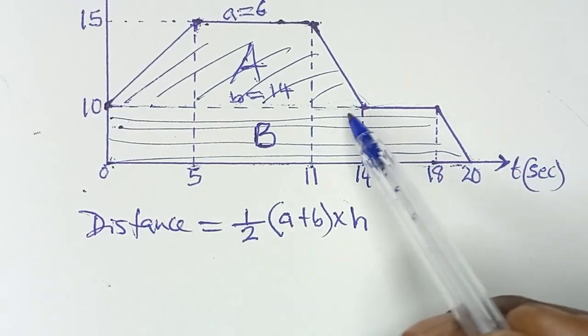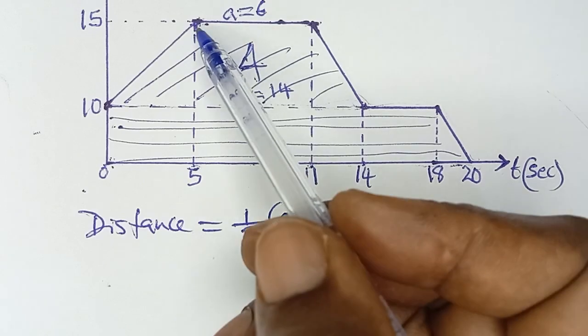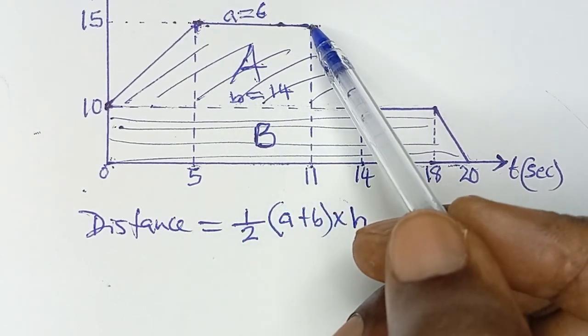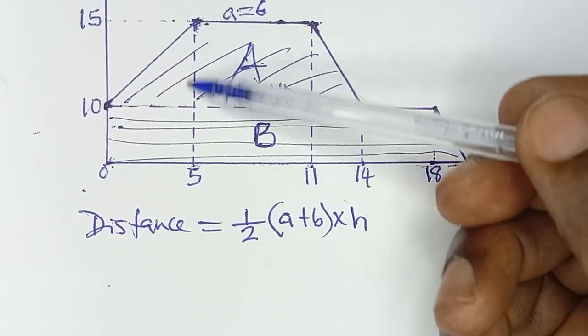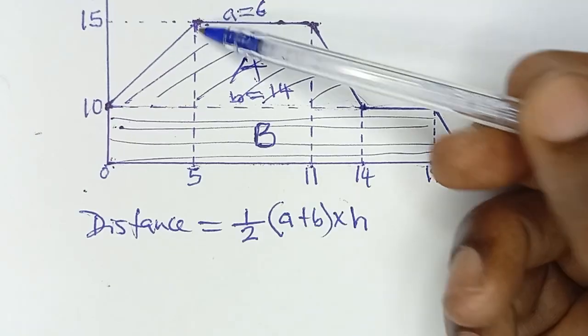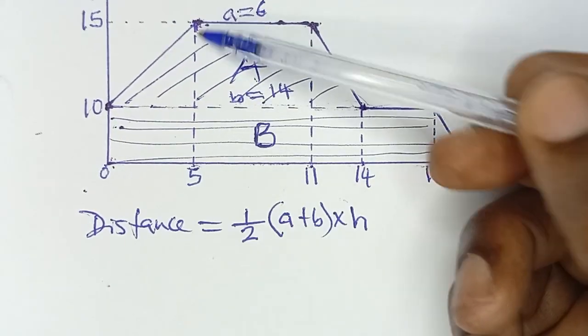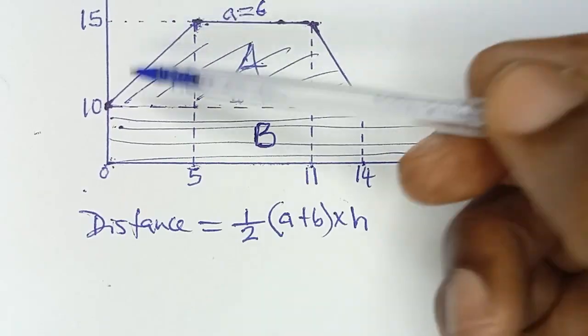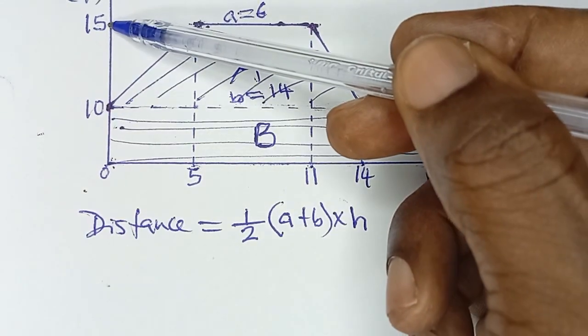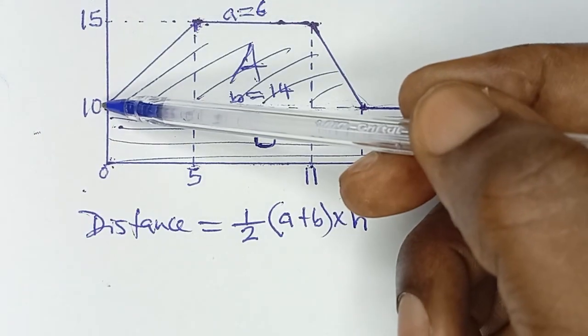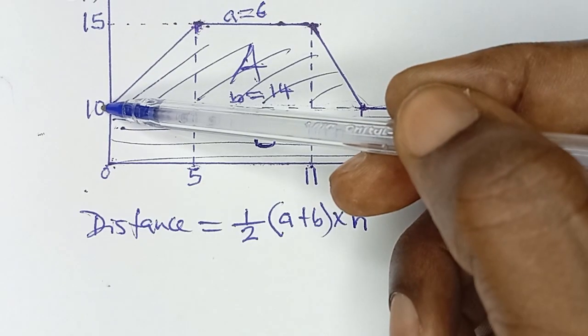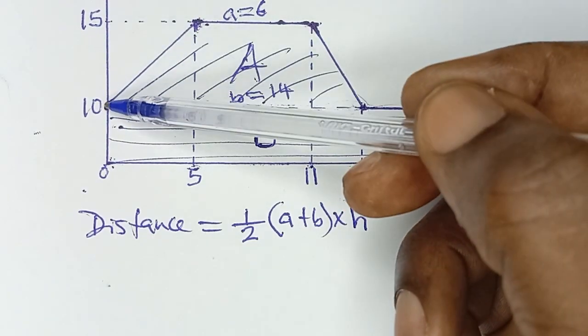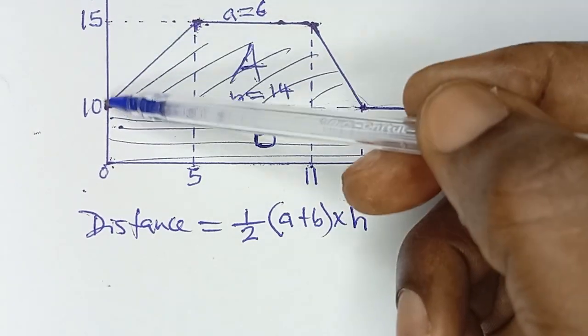So I have the B part as 14, and the A part as 6. Then the height of this trapezium A, from here to here, and that is from here to here as well. So 15 minus 10 will give me 5.